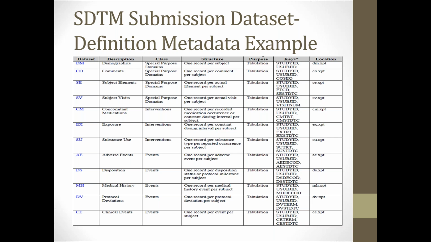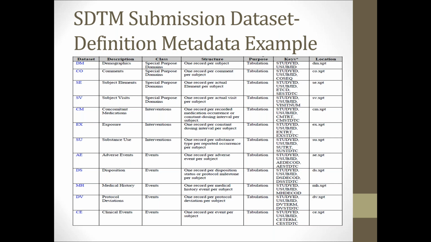Do you remember this, yes or no? Yesterday we had a discussion also. All those decodes are nothing but dictionary derived codes. I thought you knew this, but a few people are following, a few are not. For them, I'm telling. AE decode is adverse event decode. STDTC is start date time, which I already told you.